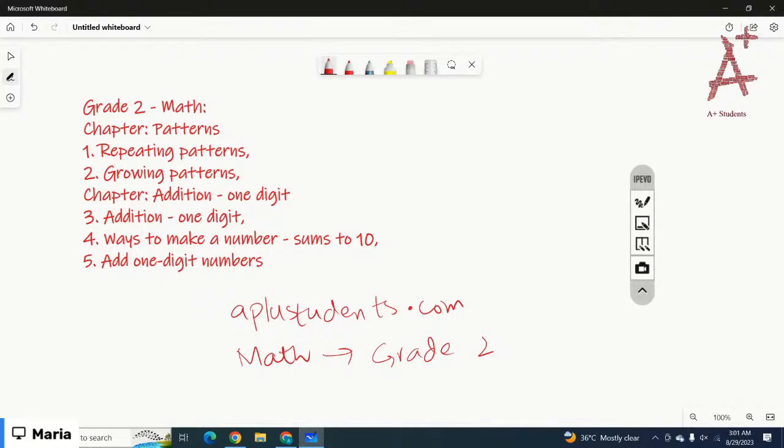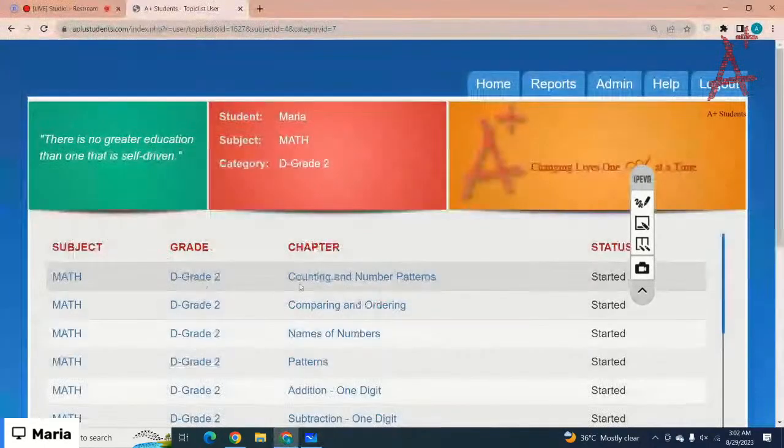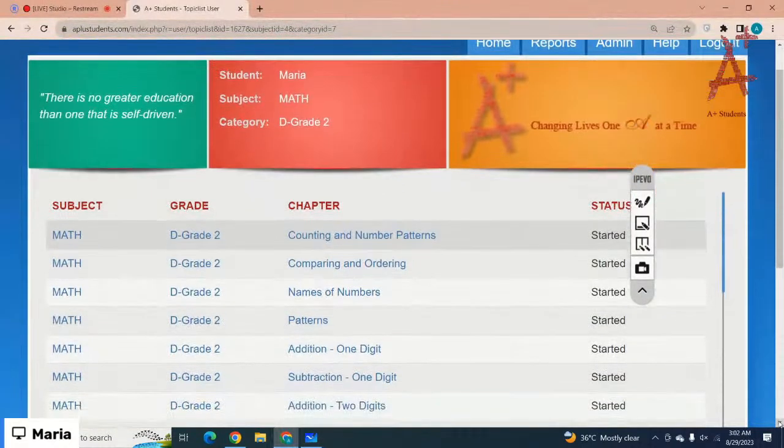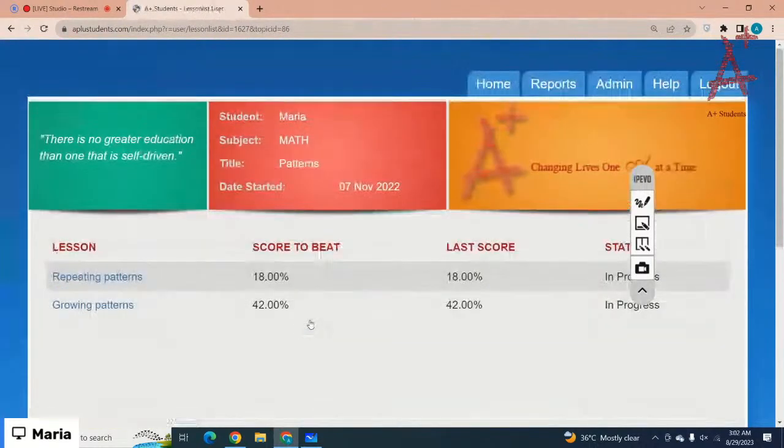So let's just start with the chapter patterns. Here I am on grade 2 math. Here it is. Let's start with the first lesson, that is repeating patterns.